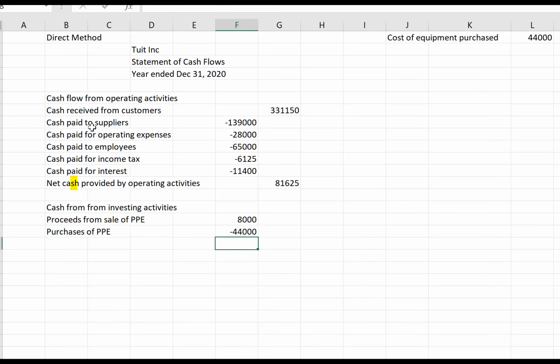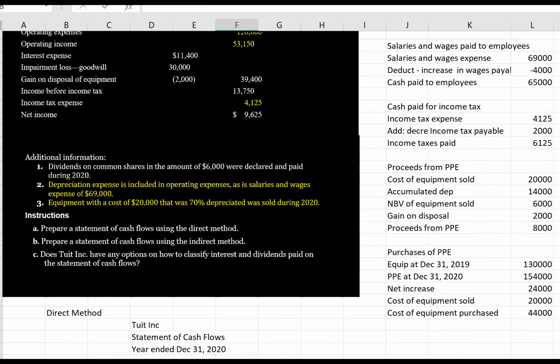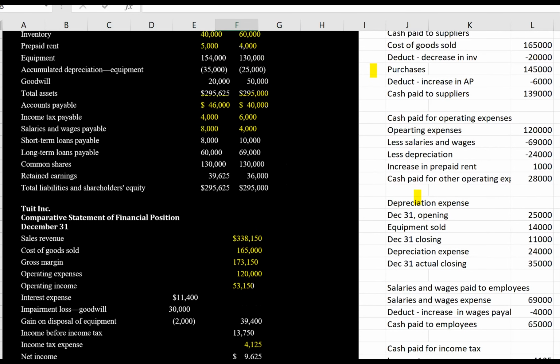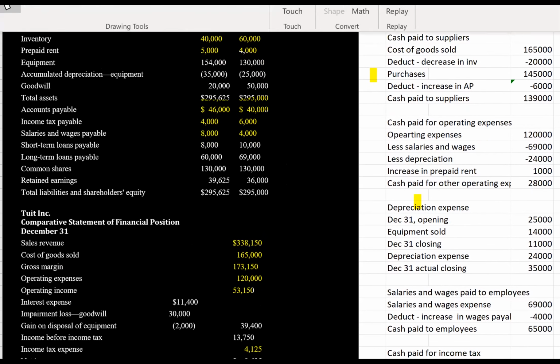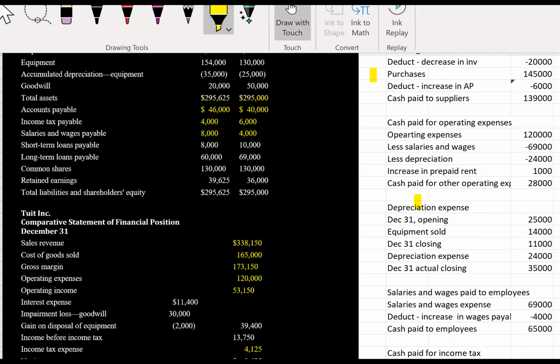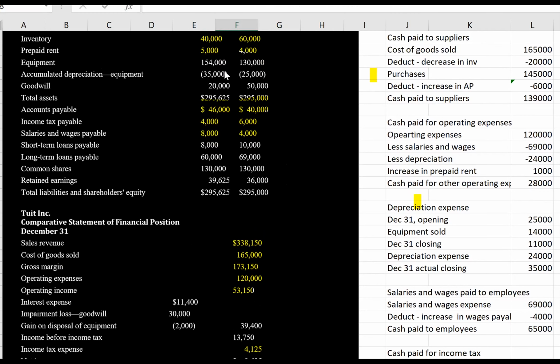Okay, so let's take a look here. So those are all of our investing activities, because if we take a look up at our statement of financial position, let's get out our highlighter and see what we've dealt with again here, just so we can track all this information. There's so much information on these questions, so it's really important that we track it. So now we've dealt with PP&E and we've dealt with accumulated depreciation.